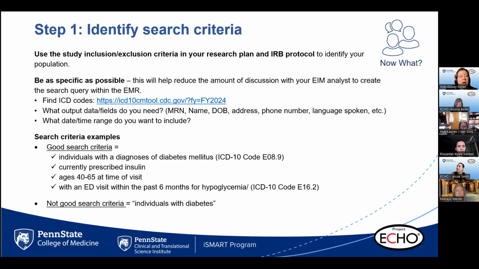So this, the ICD tool, is from the CDC, so you can use that if you're not sure about your ICD codes. You want to find the ICD codes that you're looking for. You want to be specific about the output data fields that you need. So basically, what are the fields in your report that you want for each of these patients? If you're recruiting them for research and you're mailing them letters, you certainly want to know their name, their date of birth, their address, maybe a phone number, maybe language spoken, other things.